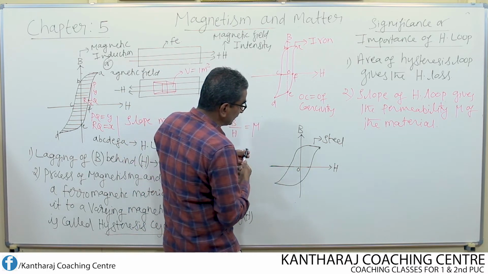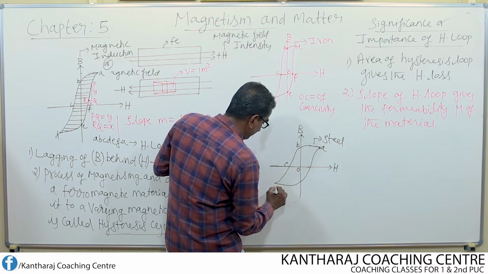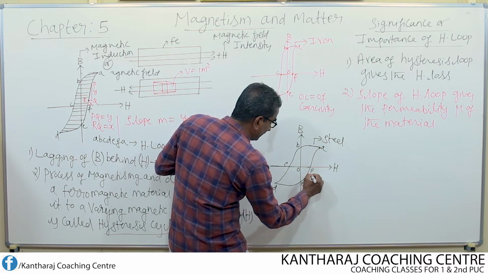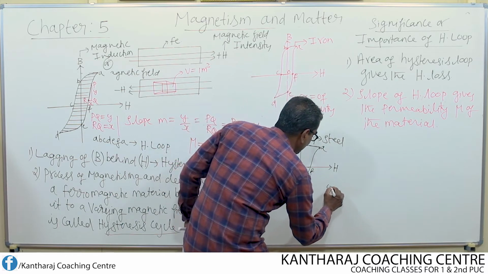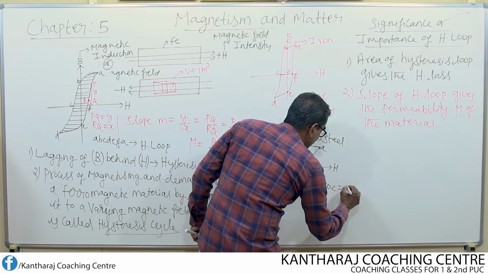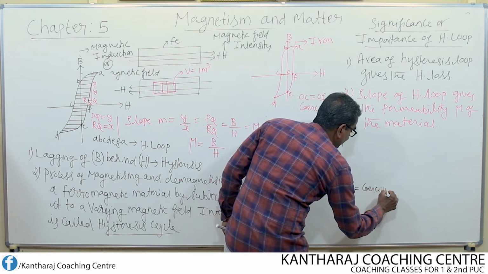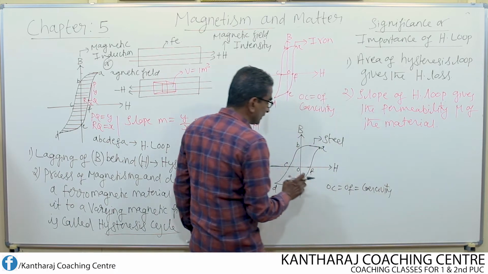Let us write this once again as A, B, C, D, E, F. So it is found that now OC equal to OF, which is nothing but once again coercivity, and this is for steel.